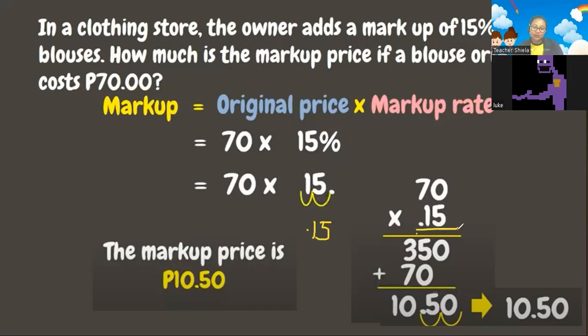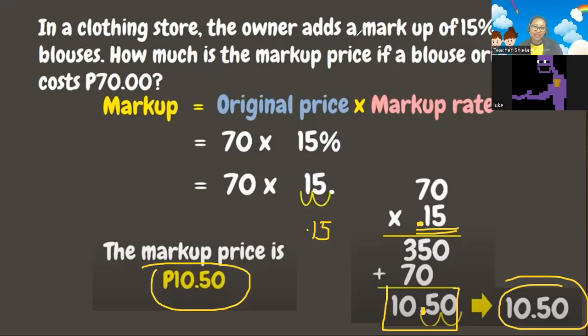And when you multiply it, the answer will be 1050, plus there is a decimal point here, so you just have to put it down. 1, 2. So the answer is 10.50. That is the markup price. Okay?